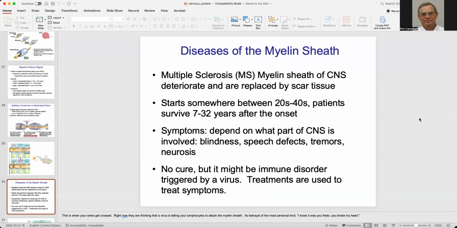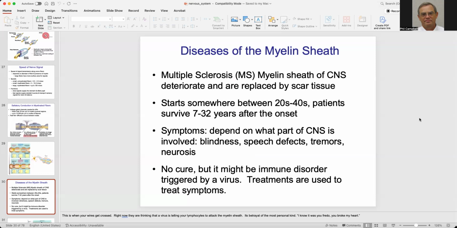Now, that gets us to pathologies associated with the myelin sheath. There are certain diseases which disrupt communication by disrupting the myelin sheath. One classic example is called multiple sclerosis or MS. This primarily involves not so much the peripheral nervous system, but the central nervous system. Remember, oligodendrocytes perform the same function as Schwann cells. It's just that they're in the central nervous system.